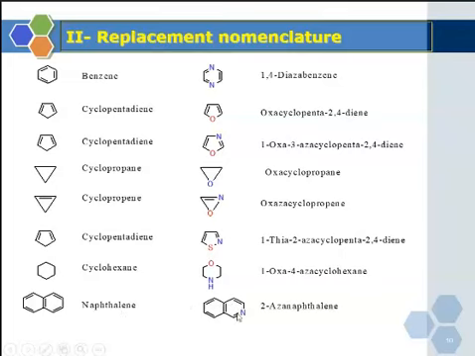This is called 2-aza because here we can see this nitrogen is attached to position number 2. We will start the numbering from here. So this carbon is given position number 1 and this nitrogen gets position number 2. And the name of this structure as per the replacement method of nomenclature is 2-azanaphthalene.